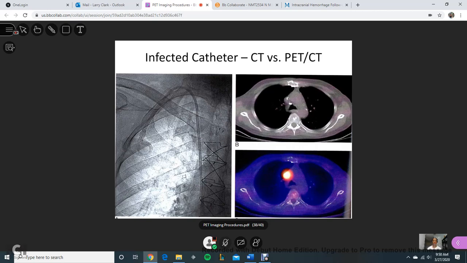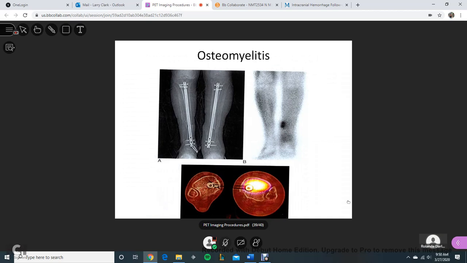You would not have seen anything here, but now you have your PET CT, and then you see the infection here. Osteomyelitis: general X-ray, nuclear scan, and then here you have your PET CT. It gives you a nice, beautiful picture and lets you see what's what.